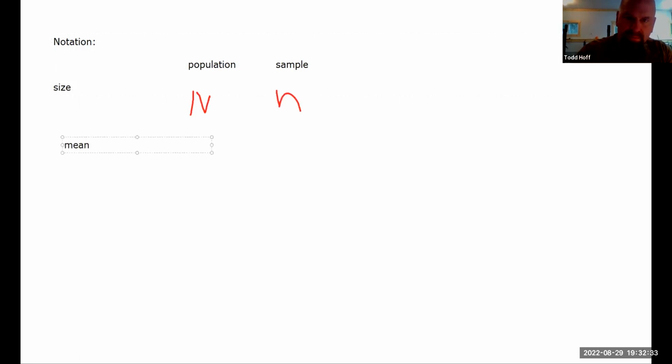For the mean, for a population, it is the Greek letter mu is the mean of the population. For a sample, we use x with a little bar over it. That bar stands for mean or average value of x. And then for standard deviation, the population, it is that sigma, looks like that. And for a sample, it is simply S.